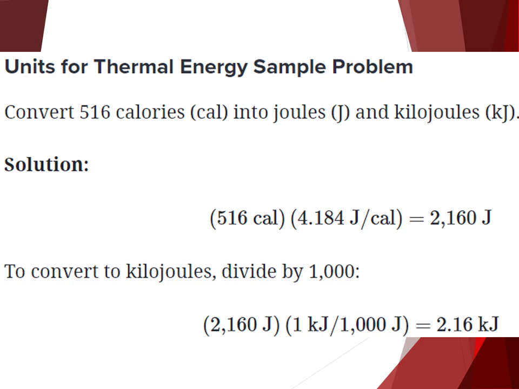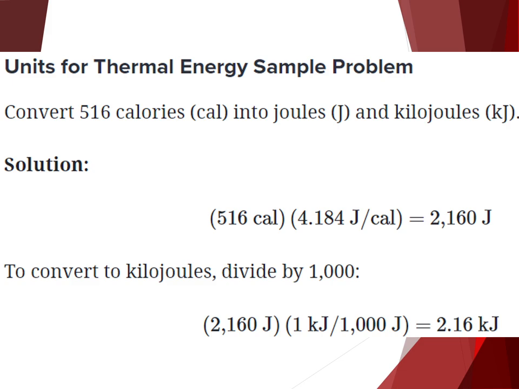But if I'm trying to convert that number of joules into kilojoules, again, I'm going to start with that number of joules, the 2,160 joules. Because a statement of equality between these two terms, kilojoules and joules, would state that 1 kilojoule is equal to 1,000 joules, I would have that as my conversion factor, a statement of equality in the form of a fraction.